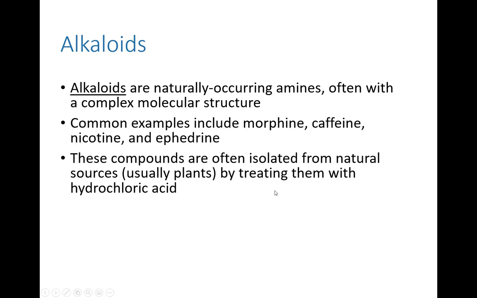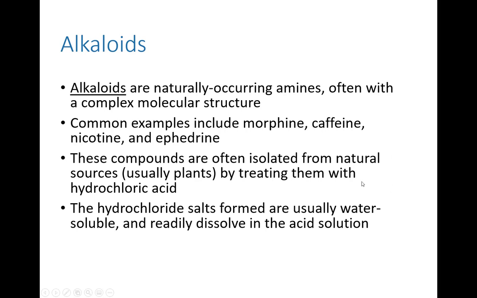Morphine, definitely that's going to be the case, by treating poppy with acid to recover the morphine. What we call those specific salts, they're ammonium salts, but since we used hydrochloric acid, we usually call them hydrochloride salts. But you'd be fine in calling it an ammonium salt. And they're usually water-soluble and easily dissolved in the acid, and that makes them recoverable.